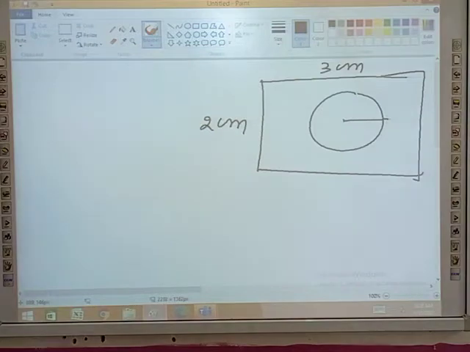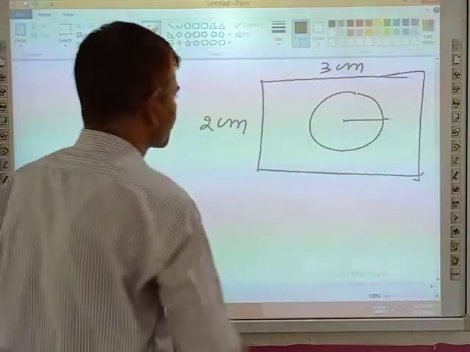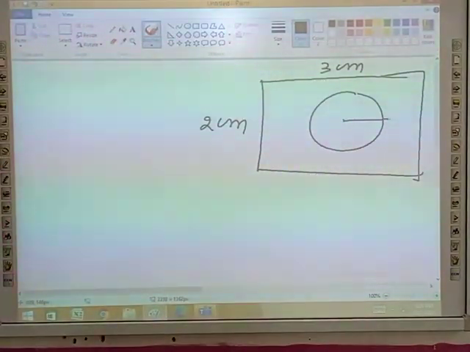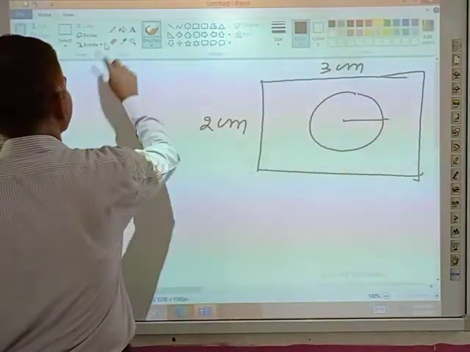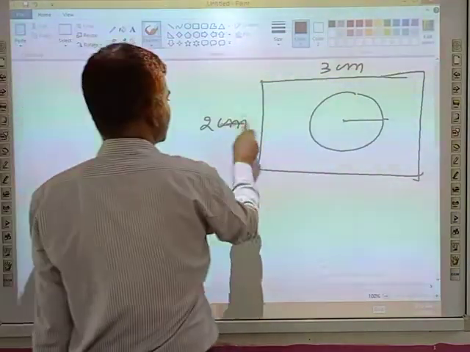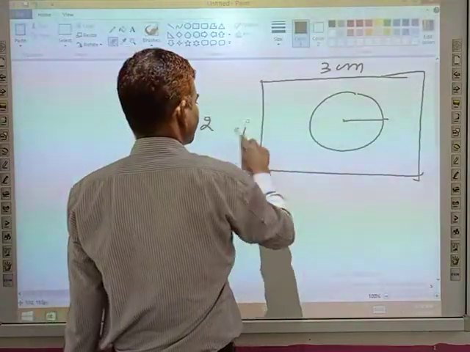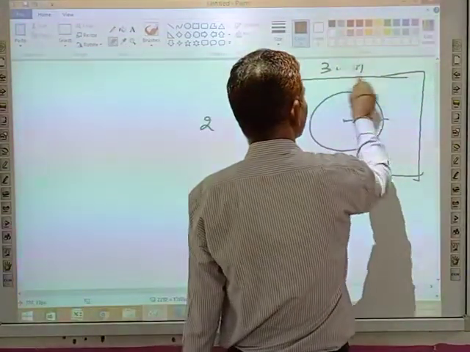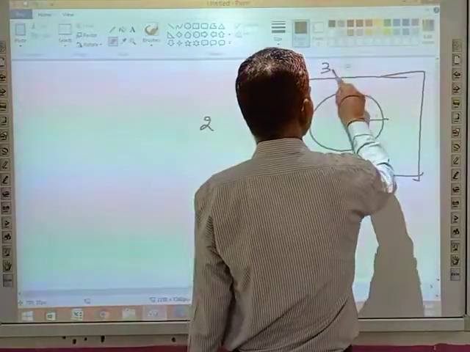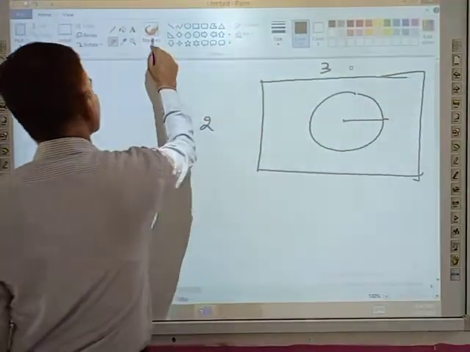You want to say that the lengths are in meters, not in centimeters. Sir, everything like 3 meter, 2 meter, 1 meter is given in meters only.